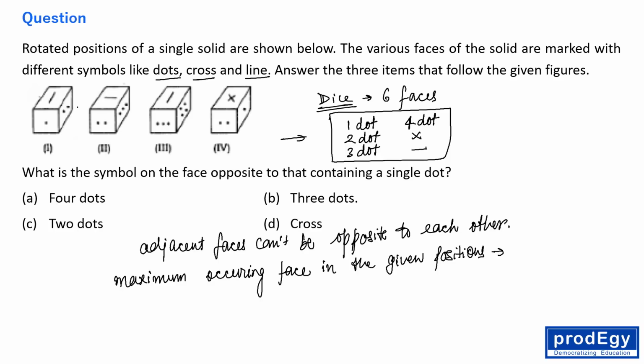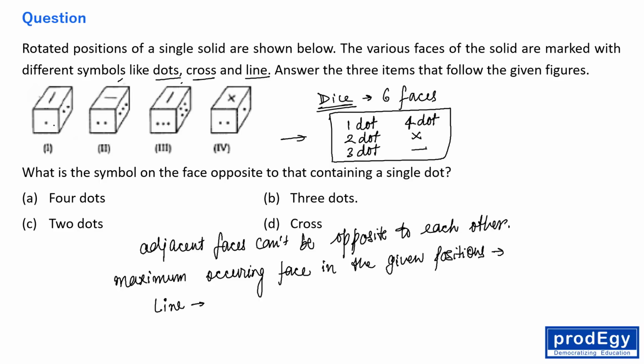The maximum occurring face is line. I suppose it is like 1, 2 and 3, so in 3 positions we are getting line. So line is the maximum occurring face.